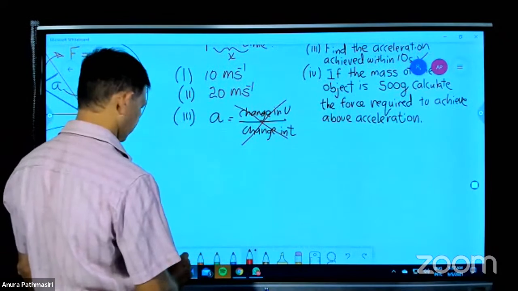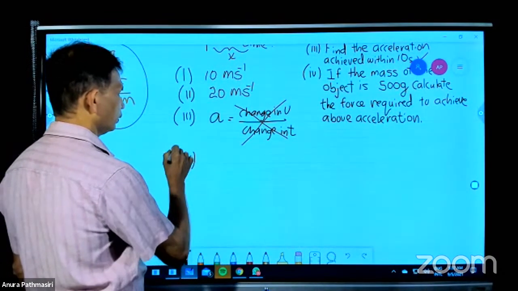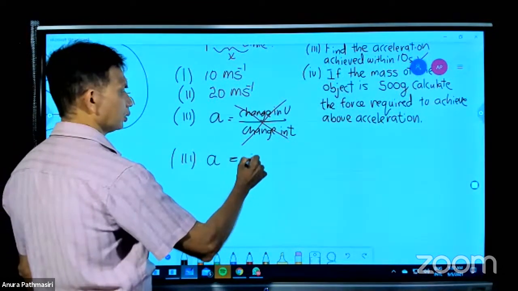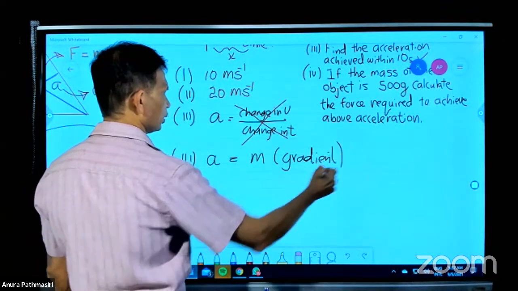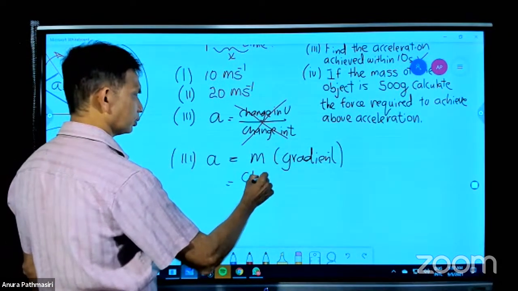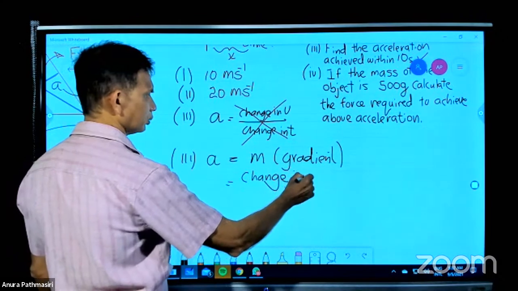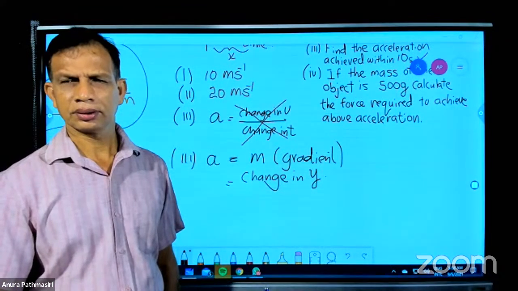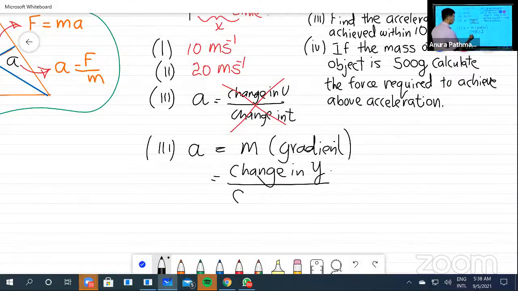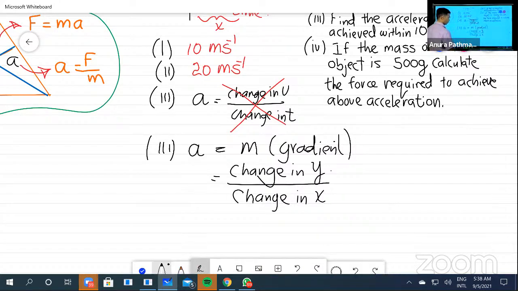Acceleration equals gradient. Gradient means change in y divided by change in x, change in y divided by change in x.